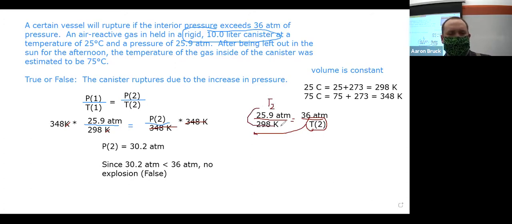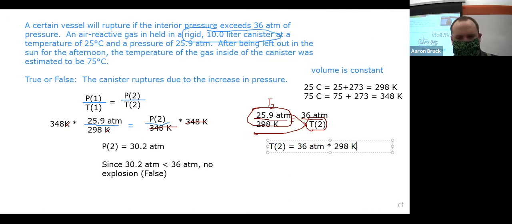This entire fraction goes down here, so that we get T2 in the numerator. But that'd be 36 atmospheres multiplied by 298 Kelvin divided by 25.9 atmospheres.